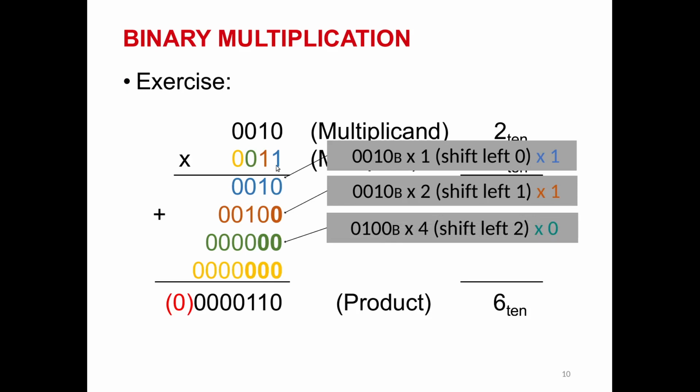And finally, for the last bit 3 in multiplier, the value of this bit is 0, and so when 0 multiply with this multiplicand, we have 0 located here, and if we add it together with the product, we still keep the product value of number 6.